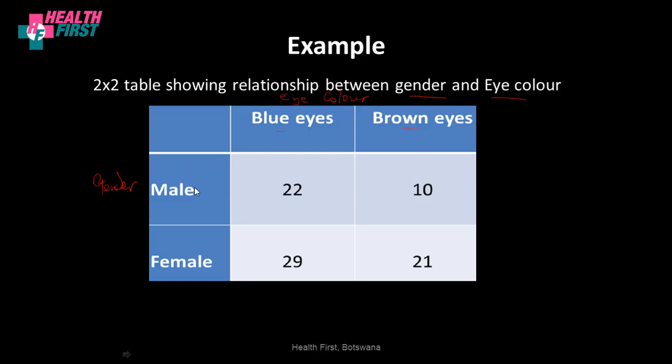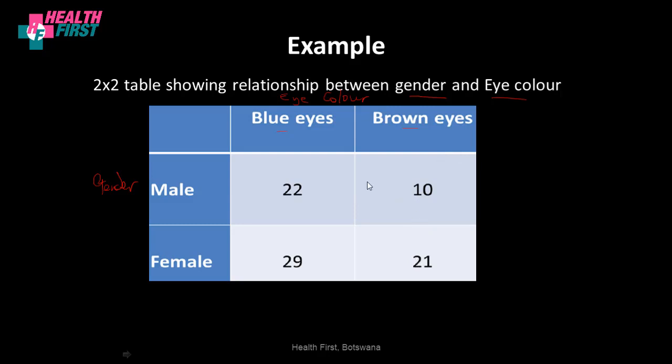At first glance we can see that we have 22 males with blue eyes, 10 males with brown eyes, 29 females with blue eyes, and 21 females with brown eyes.